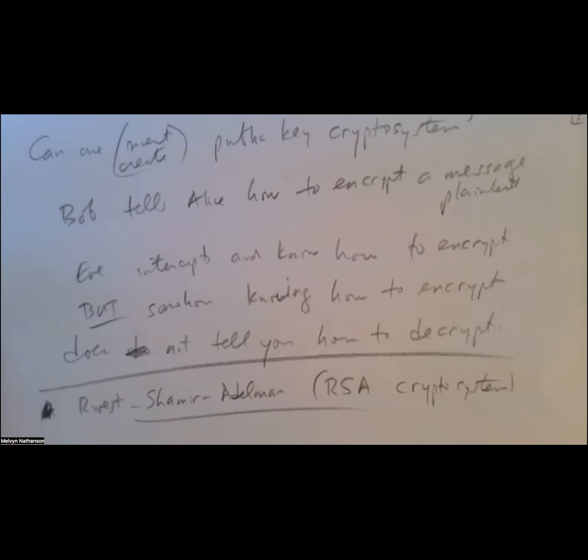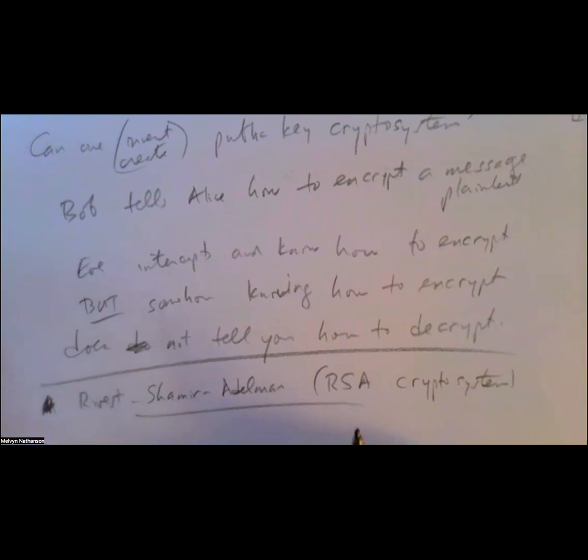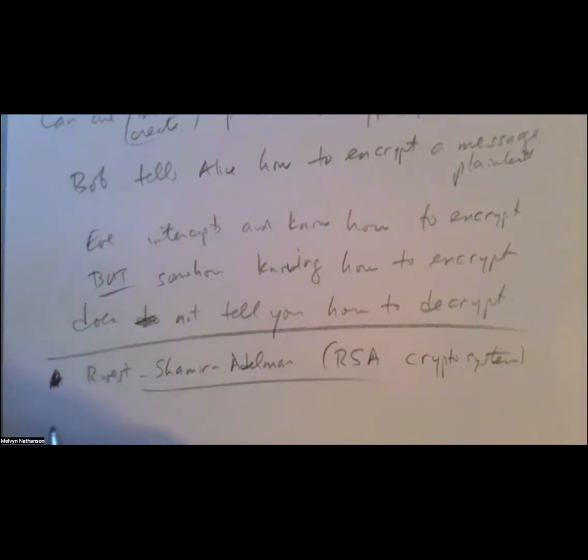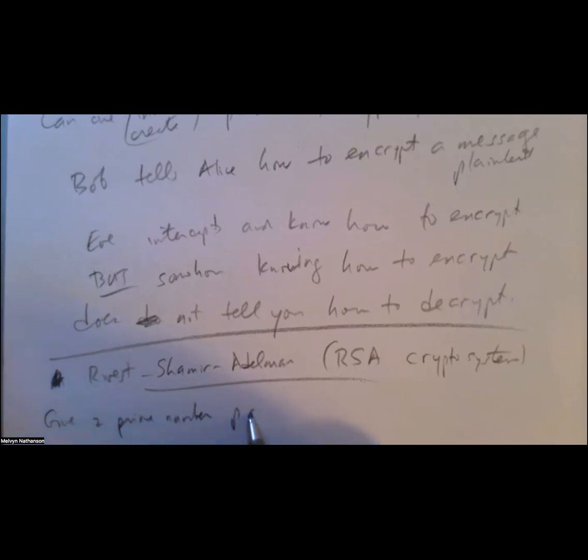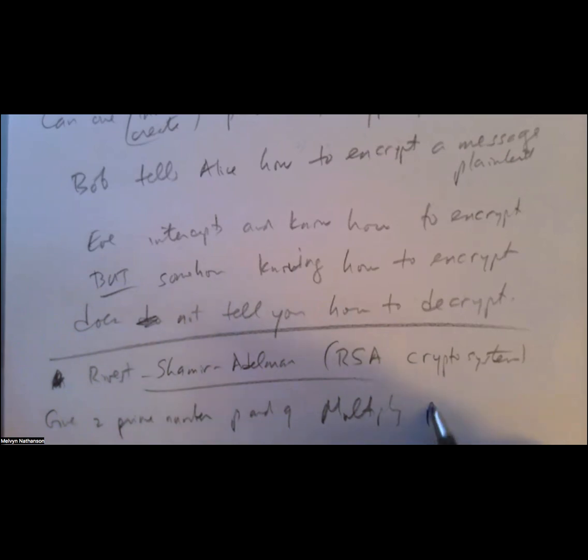And how is that done? That's done by using this RSA crypto system. It is used basically everywhere because no one has figured out yet how to break it. And this crypto system is based on the following very simple fact in number theory. Suppose I give you two prime numbers, P and Q. You can multiply them and get PQ.